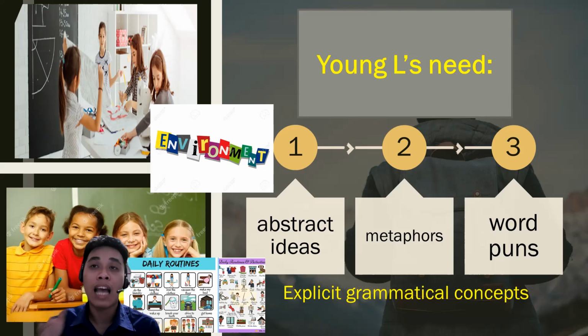This argument from Pinter says that providing children with metaphors will be helpful for them. And word puns will help young learners learn English grammar, because this will be imitated in their mind, so they can just learn about English grammar.